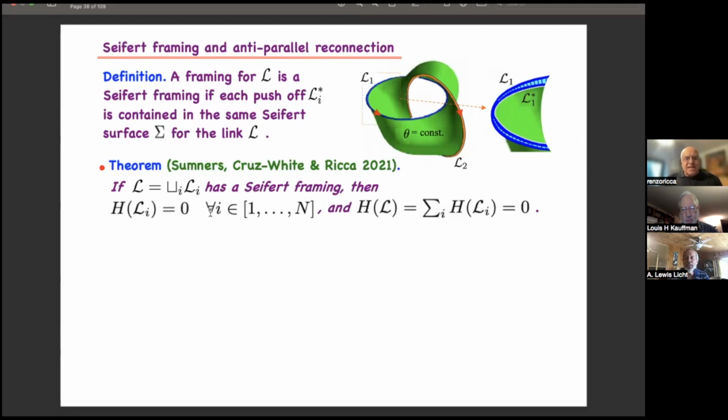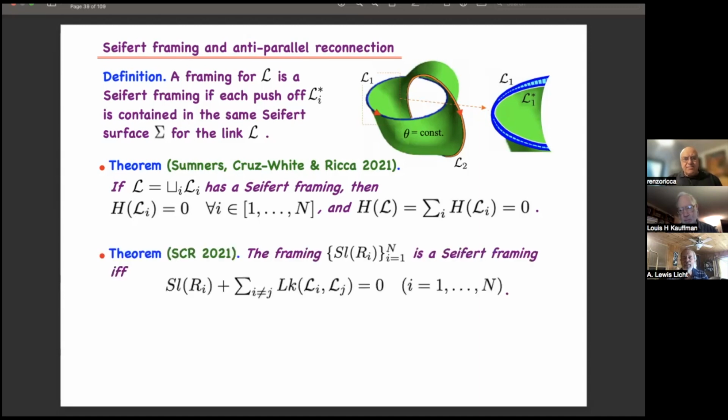Well, this is a piece of research that was done with Renzo Ricca and De Witt Sumners, where we showed that simply if our link has a Zephyr framing, then evidently total helicity, or the sum of single helicities, sums up to 0.